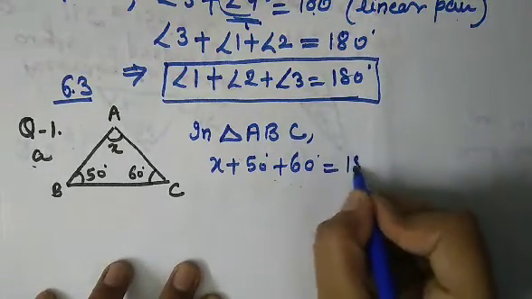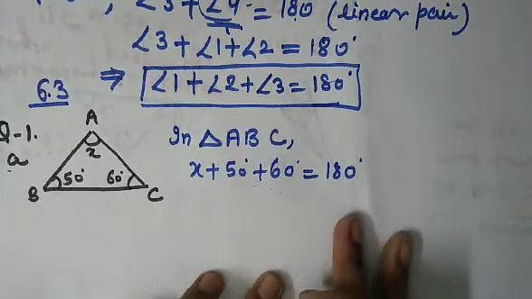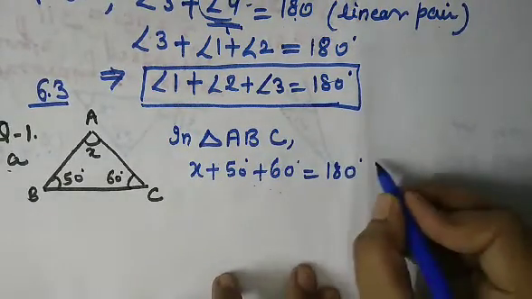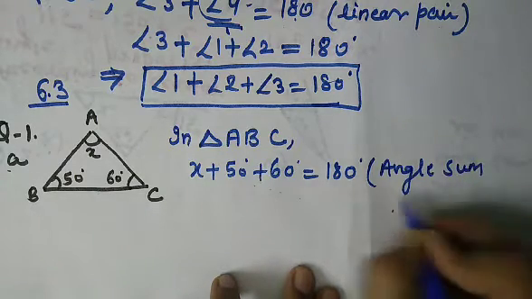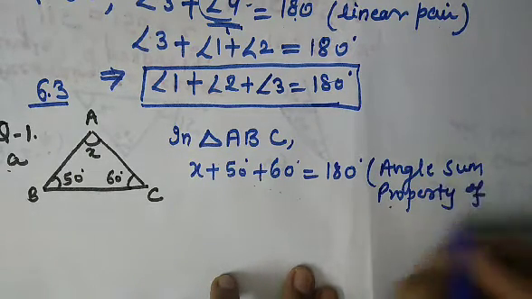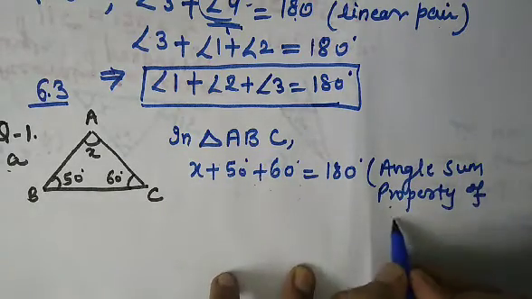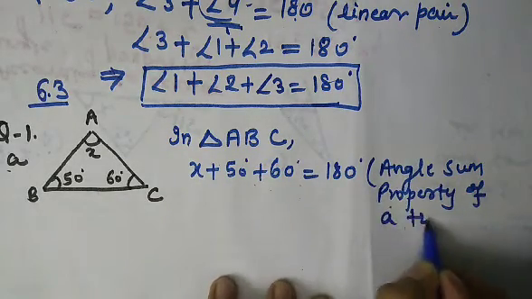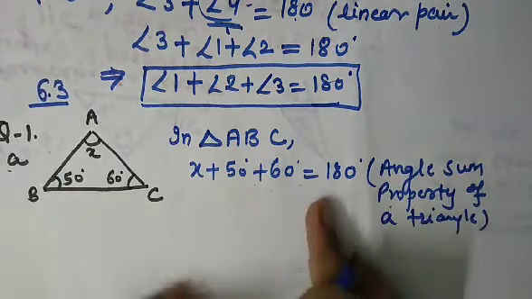And how is it 180? Because we have applied the angle sum property of a triangle. This reason you have to write: angle sum property of a triangle. Reason you always have to mention wherever you are applying this rule. So, angle sum property of a triangle, that's why I have written that the sum of these 3 angles is 180.